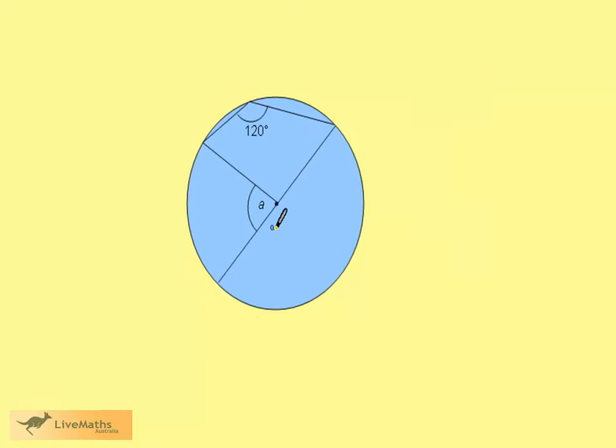Here's a second example. We want to find the angle A. Consider the arc all the way around the outside here. This angle stands on the arc at the circumference. And if we look at the center, this angle stands on the arc at the center.